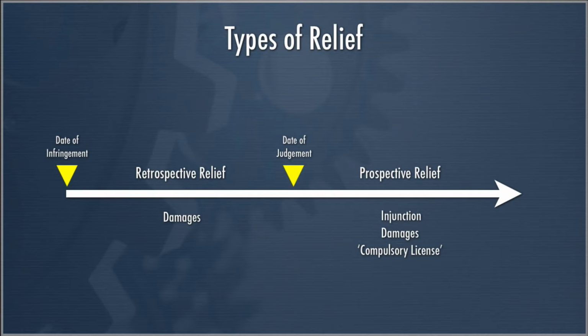You can get damages from the date of infringement to the date of judgment, and that's called retrospective relief. You obviously can't get an injunction during that time period because that time period has already passed, so the only possibility for retrospective relief is damages.